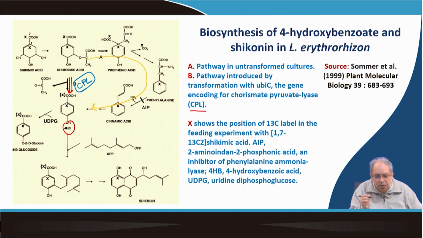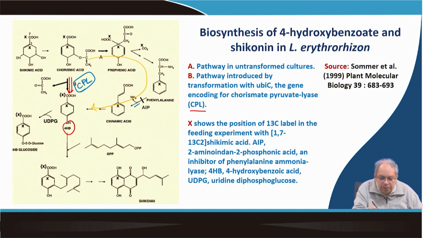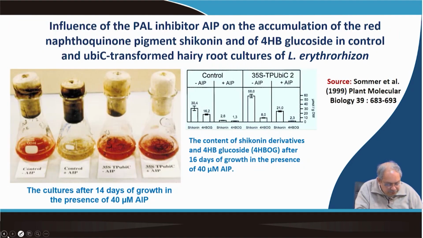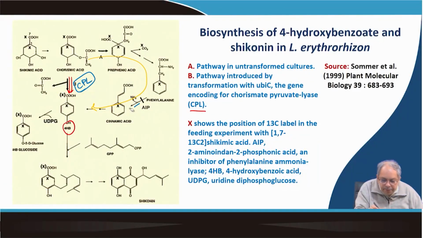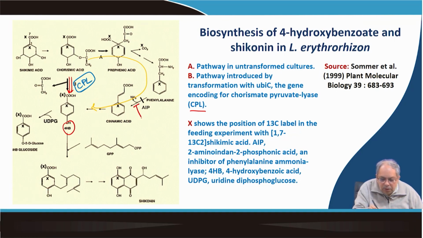So, what they also tried to understand here is what is the contribution of the existing phenylpropanoid pathway. In order to check that, they did inhibitor feeding, which is AIP. AIP competitively blocks the phenylalanine ammonia lyase.